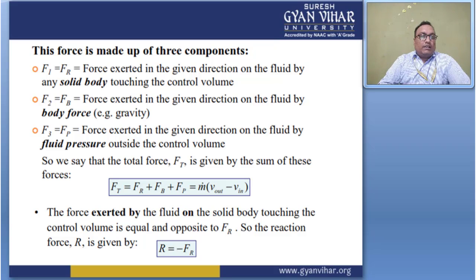So this is the body force given by gravity, and F3 equal to Fp is the force exerted in the given direction on the fluid by fluid pressure from outside the control volume, and the total resultant force is the sum of the three types of forces Fr plus Fb plus Fp. This is equal to m dot times V out minus V in.